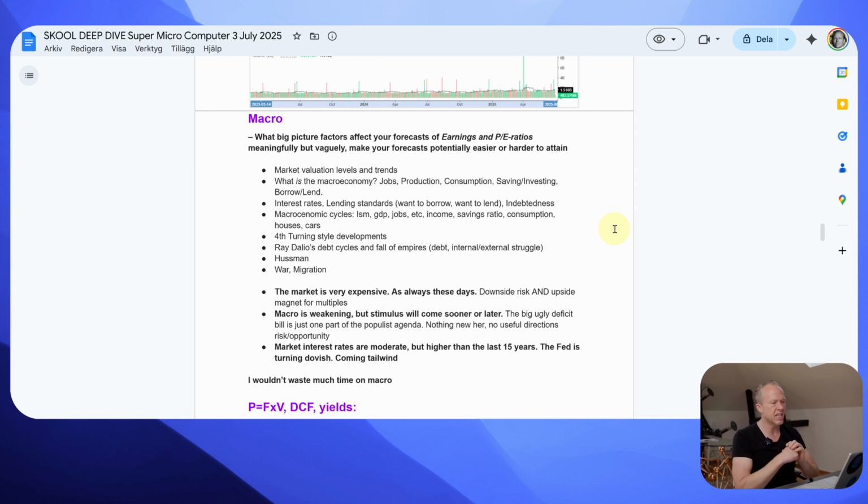And then we could take a look at a few of the macro pictures. Variables that I tend to point out are market valuation levels and trends. And yes, the market is very expensive, but remember that that has two sides to it. There's a downside risk to the valuation levels, but there is also an upside magnet for multiples, which means that we could probably tolerate and expect higher multiples on average, just because the market is expensive on average.